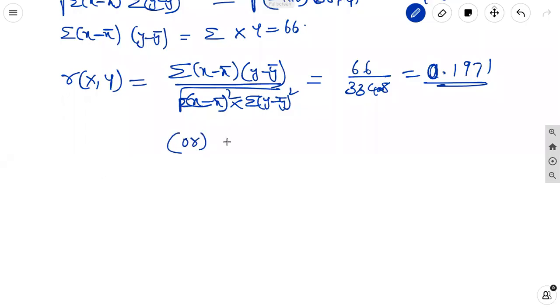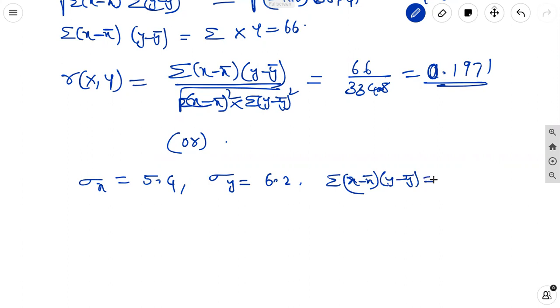It can also be solved in another way. Here we know that sigma x equal to 5.4, sigma y is equal to 6.2, and summation of (x minus x bar) into (y minus y bar) is equal to 66.